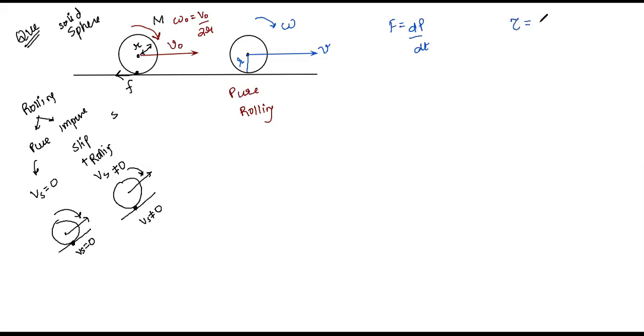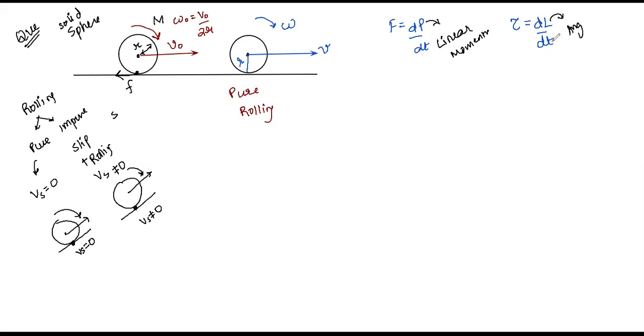In the rotational case, torque is dL by dt. Atul, do we remember this? Yes, sir. Tell me what is P. Linear momentum. Now, what about L? L is angular momentum.